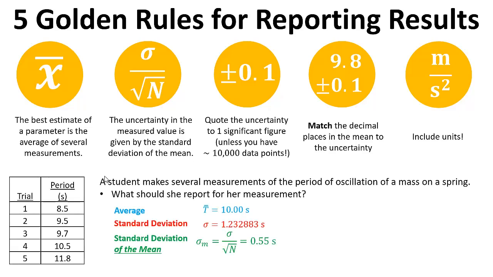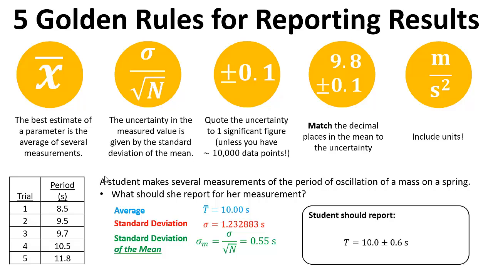So what does that look like for our data? The data that our student had, we had an average value of 10.00 seconds. We had these values for our standard deviation and the standard deviation of the mean for our 5 data points. And so the student should ultimately report a result of 10.0 plus or minus 0.6 seconds, where I rounded the 0.55 up to 0.6.